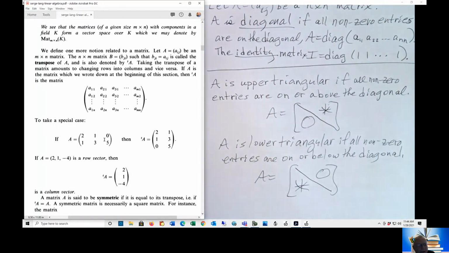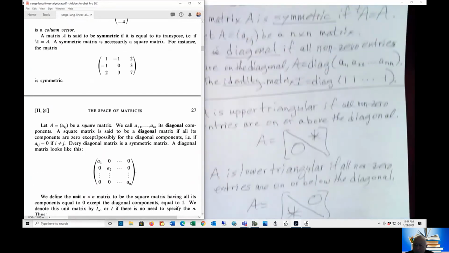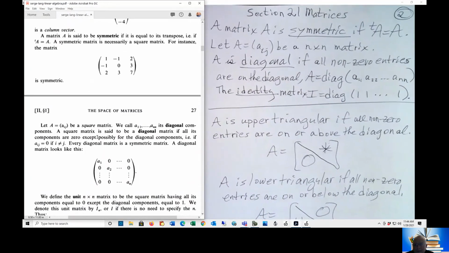So that's what we mean by the transpose of a matrix. Next, we define what it means for a matrix to be symmetric. A matrix A is symmetric if it equals its own transpose. That is, if the transpose of A equals A. Now, let's suppose that our matrix A is an n by n square matrix.